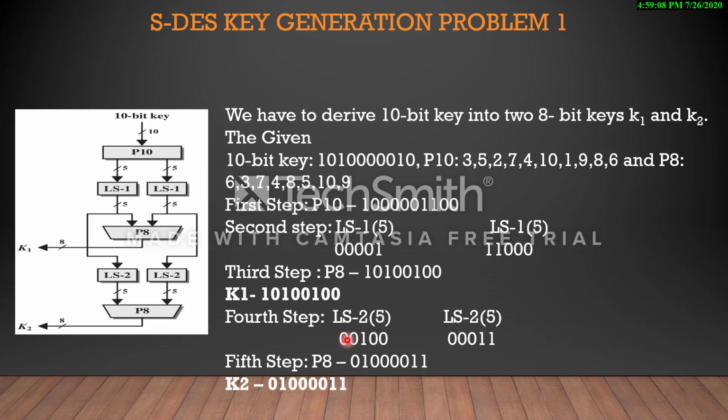Then third. What is the third bit value? 1. Then 7. What is the 7th bit value? 0. So like that, we are going to extract the 8-bit value from the 10-bit value of LS2. After performing permutation 8, this gives you the second subkey of the SDES encryption, key K2.